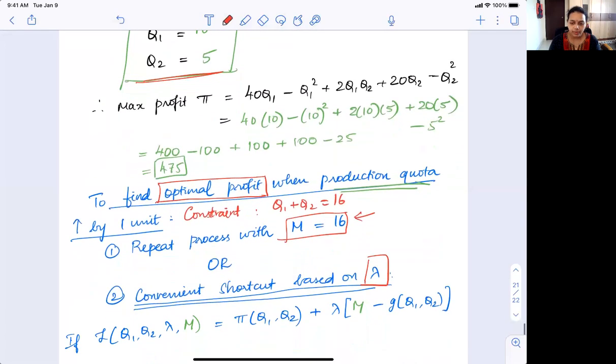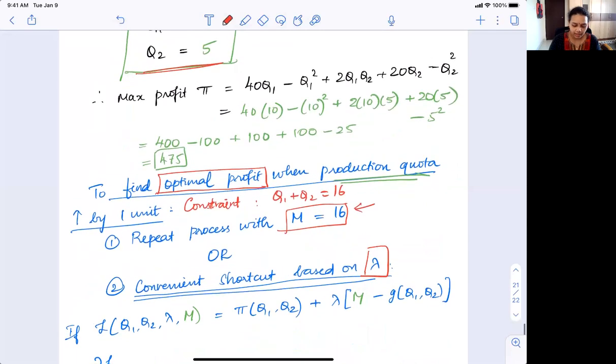And remember I told you in the previous video that when you write a Lagrangian function, if you treat m as another variable and write down the Lagrangian as a function of 4 variables instead of 3 variables, then that allows you to take the partial derivative of the Lagrangian function with respect to m as well.